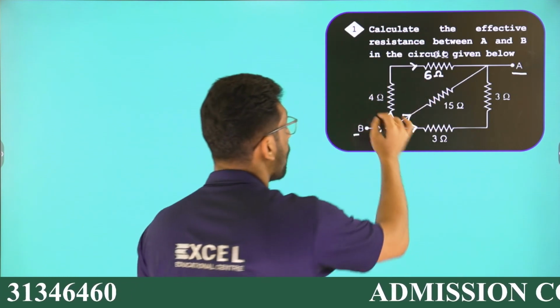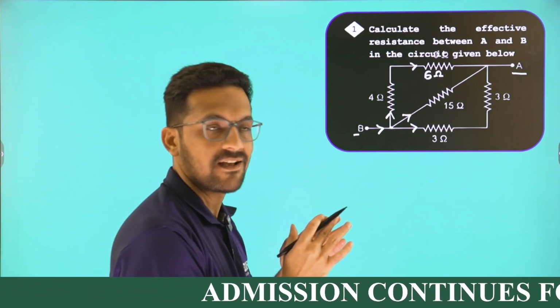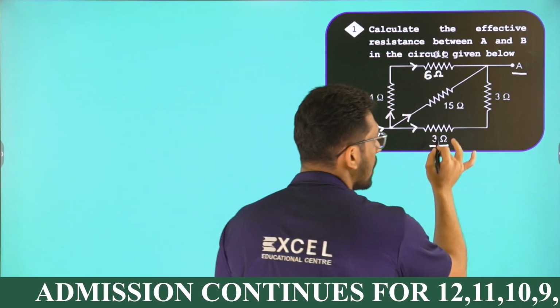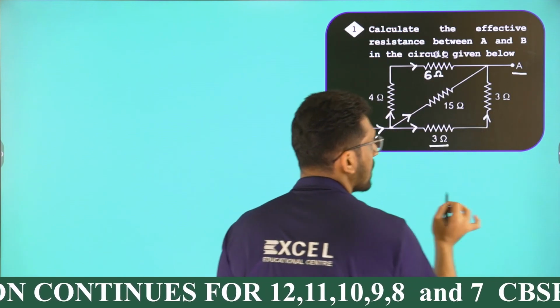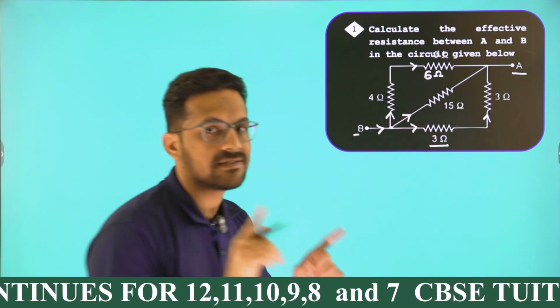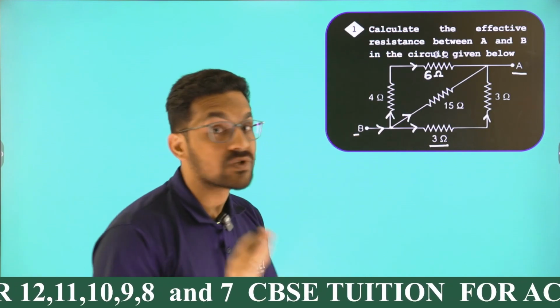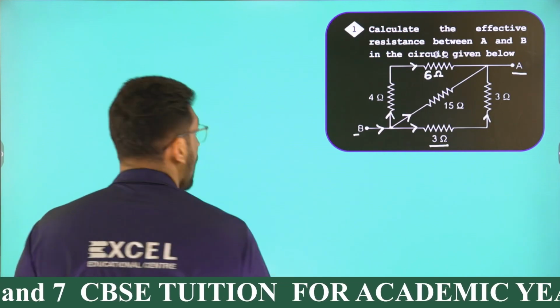That makes this 4 ohm and 6 ohm in series. The same value of current is also passing through this 3 ohm and this 3 ohm. That makes them in series. Understood? Okay, let's use that idea to find the effective resistance.